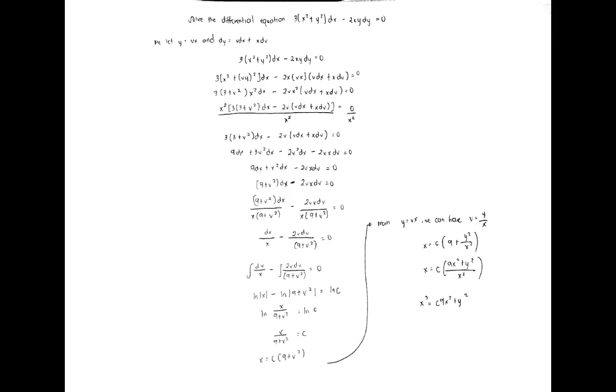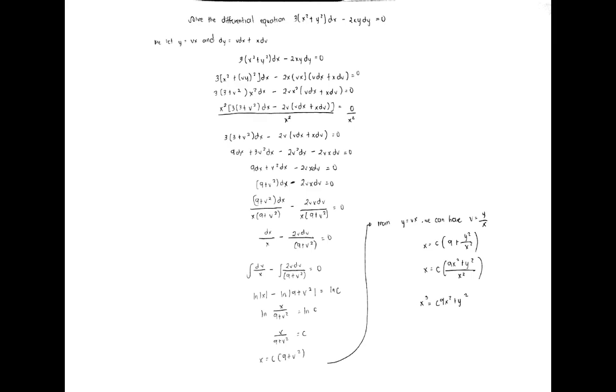Next, we combine like terms. So we have now 9 dx plus v squared dx minus 2vx dv equals 0. Simplify it: we have (9 plus v squared) dx minus 2vx dv equals 0.